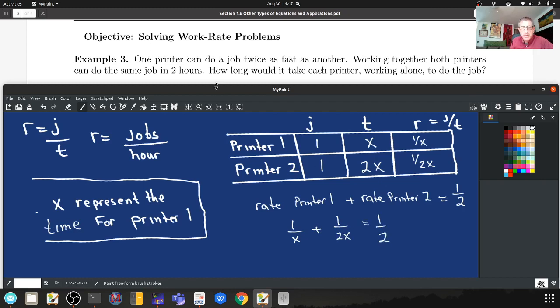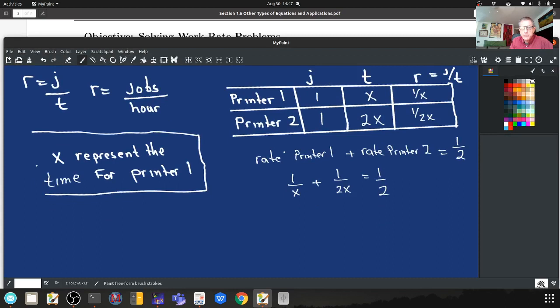And there's our equation. Now once we solve for x, I will have immediately how long it takes printer 1 to do it alone. And then when I plug in the value of x and multiply it by 2, I'll get the time it takes for printer 2.